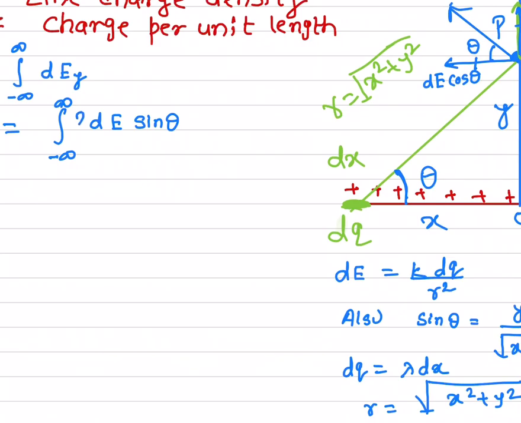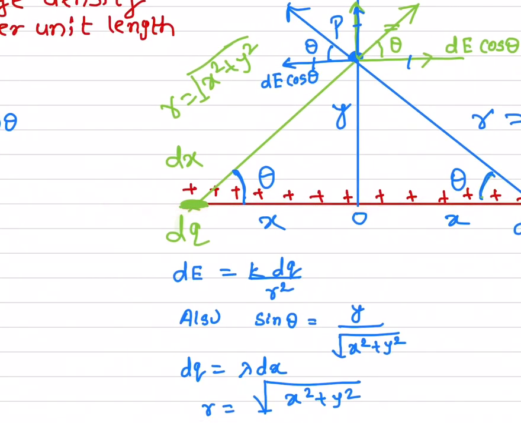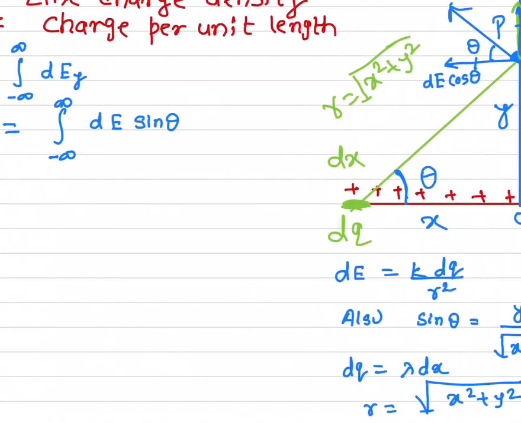All right. And remember, if we take 2 dE sine theta, then we have to integrate from 0 to infinity. But here I'm just taking one component, dE sine theta, and integrating from negative infinity to positive infinity. But if you take 2 dE sine theta, then you integrate from 0 to infinity.